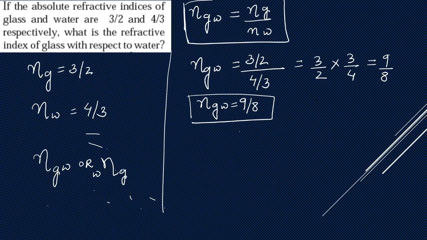What is this? We just studied that. It's the principle of reversibility for a given pair of media. Are the mediums changing? No, they are the same, glass, water, water, glass. So the refractive indices of both with respect to each other will be reciprocals of each other.